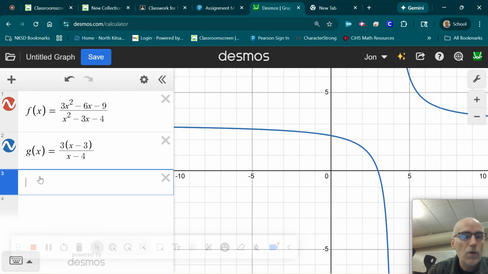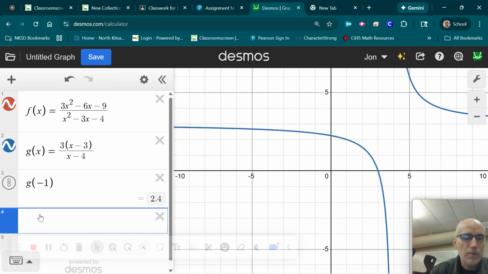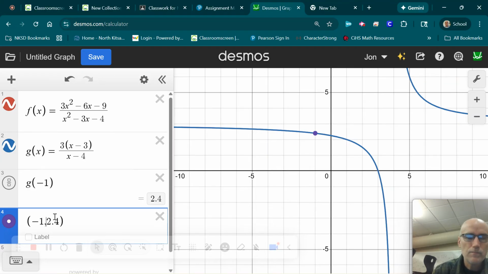So we know that the hole is going to happen at -1. Let me just show you that it's undefined at -1, right? But on the g function, it's not undefined at -1. So we could put -1 into the g function, and that tells you what the y value is for the hole. So we could come down here and put a hole in the graph at -2.4 in the y direction. Oh, not negative, positive 2.4.